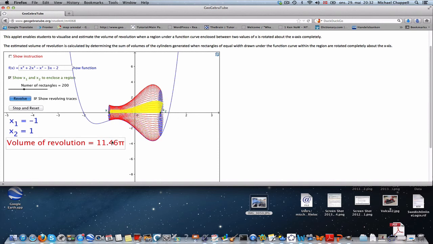I suggest you do this, for getting wonderful shapes, but also for testing your calculus: put a simple function up here that you then have to square, so pi y squared dx, integrate that, and see if you get the value that they give you there. If I stop that, I can change these limits, just dragging that along, and it gives me the new volume of revolution. This is quite a powerful and very useful tool. It gives you immediate feedback on your algebra, first of all, whether you squared it properly, and then on your calculus, whether you did the anti-differentiation properly.